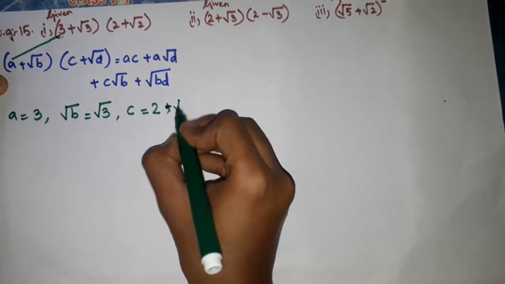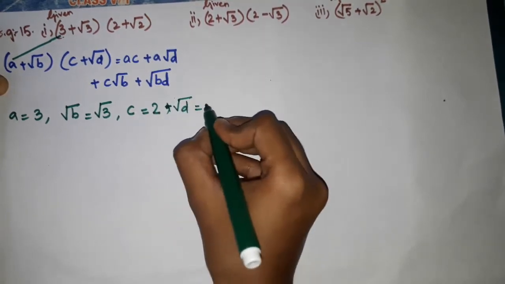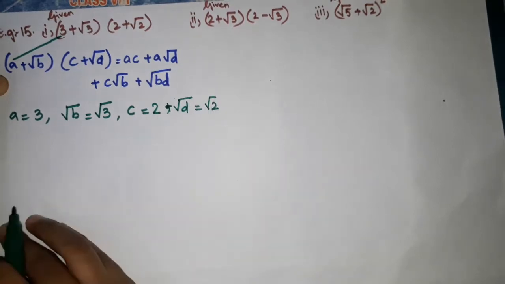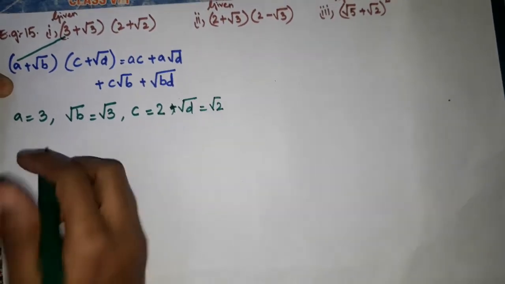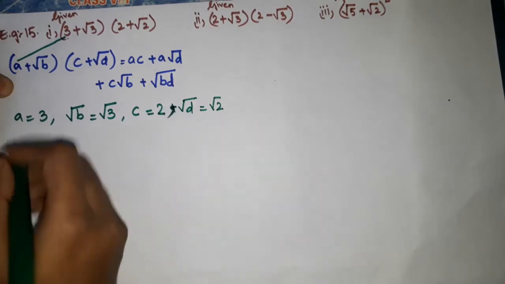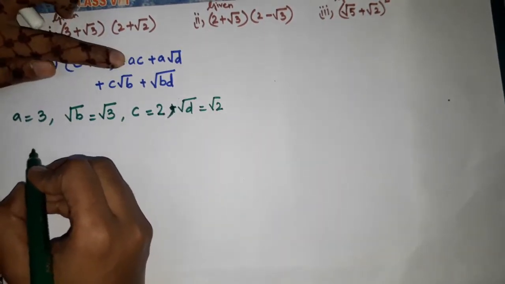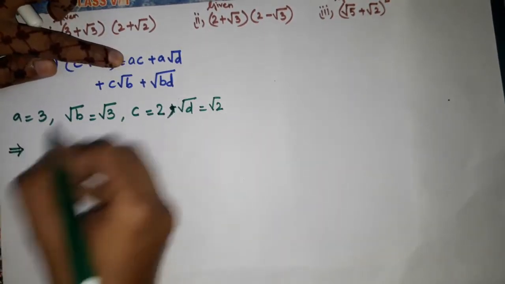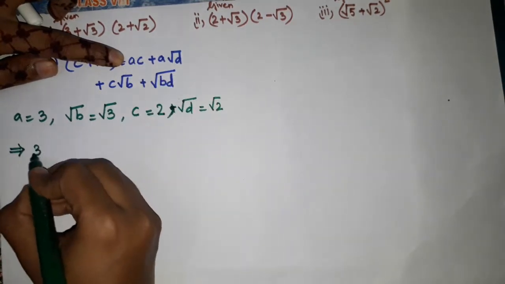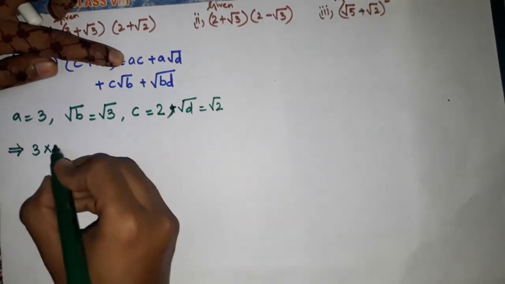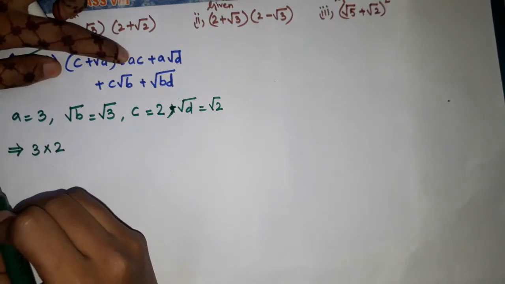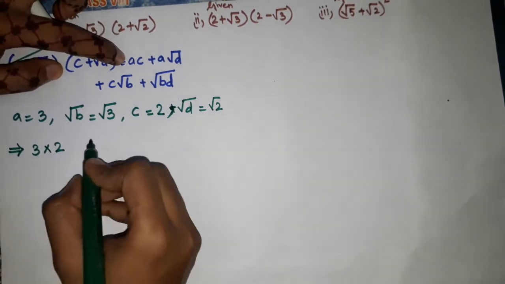Root d is equal to root 2. Now we have to convert into this form. So I am going to write ac. What is a? 3 into, what is c? 2. When they are beside each other like ac, they are in multiplication, children.